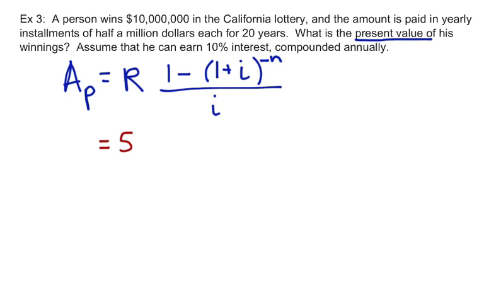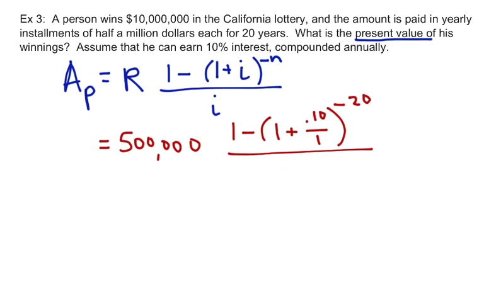Every time they give me money, they give me $500,000. That's my periodic rent. 1 minus 1 plus 0.10 divided by, well, how often do they give me this money? Once a year. Raised to the negative, how many payments? Once a year for 20 years is 20, divided by 0.1 divided by 1. Now 0.1 divided by 1 is still 0.1.